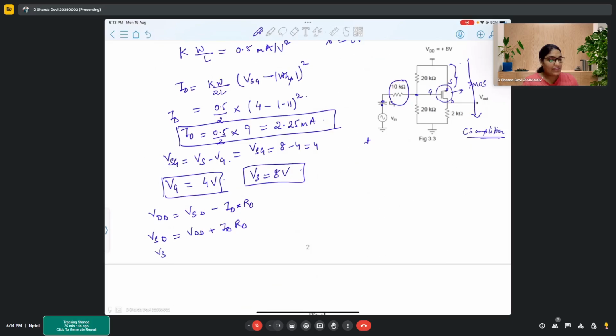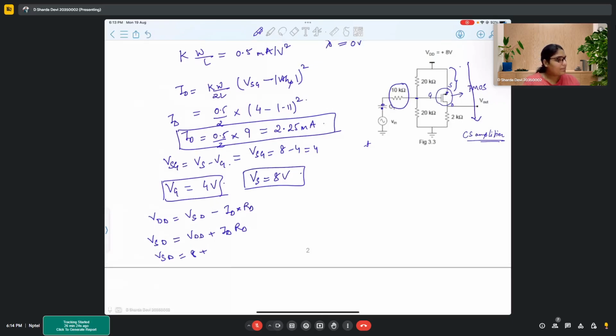So VSD is 8 plus... okay, so here it is not VSD because VSD is at the end the same thing. So here VS is already VDD, right?